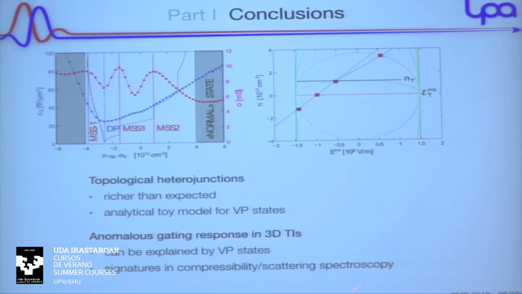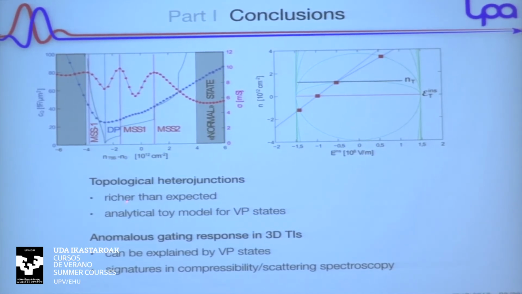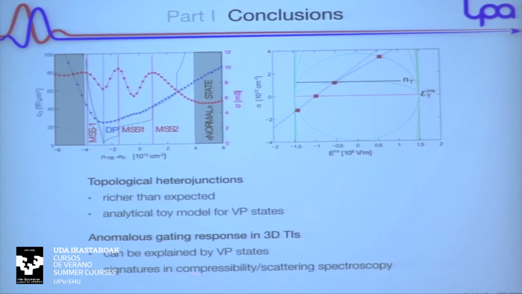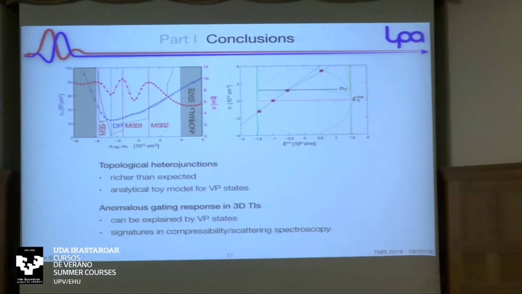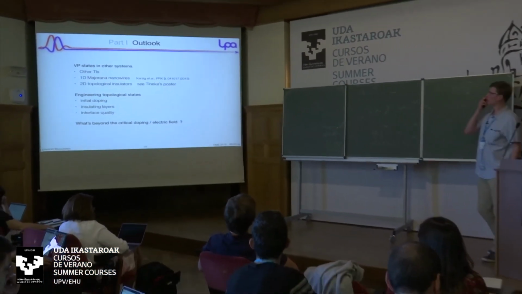This anomalous gating response is typical of TIs, as I've shown you from the fact that there's this screening over large energies, that we can explain it with Volkov-Pankratov states, that we have first signatures in compressibility and also named this scattering spectroscopy. But there's some work to be done.